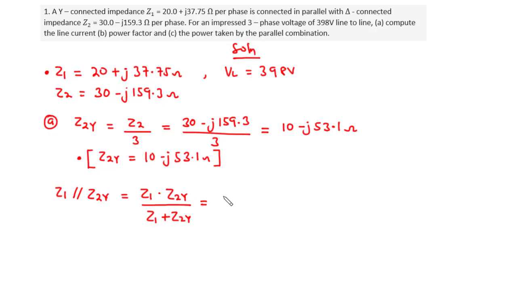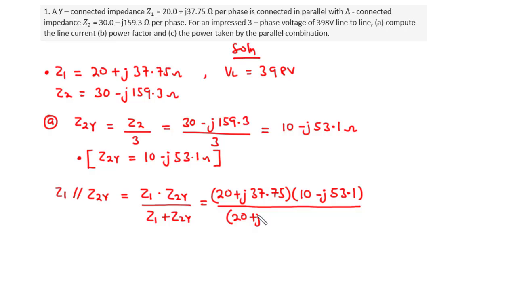So we have Z1, 20 plus j37.75, times Z2y, which is 10 minus j53.1, divided by 20 plus j37.75 plus 10 minus j53.1.